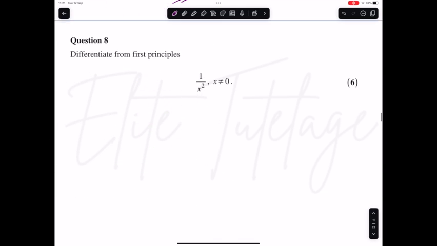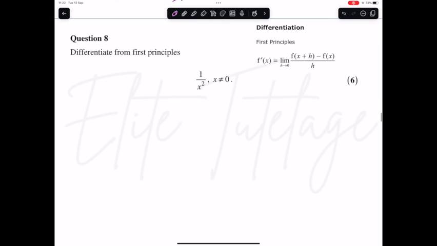Differentiate from first principles. Here's a formula, all right, just to jog up your memory, but it's going to be given. Now f(x) is 1 over x squared, and f(x plus h) is 1 over (x plus h) squared. Okay, now here I'm going to just put it in my formula.